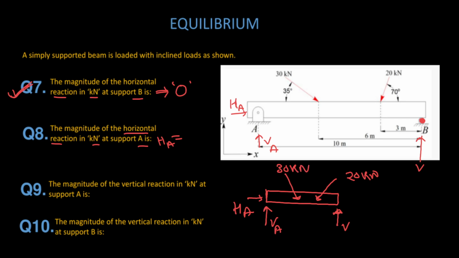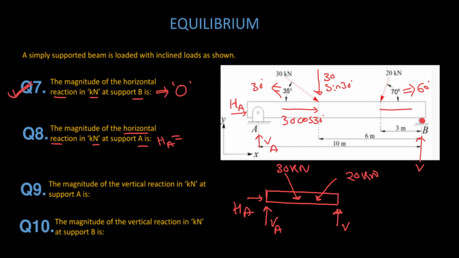Again for simplification, the 70 degree I am taking as 60 degree, and the 35 degree I am taking as 30 degree. If we resolve this into horizontal and vertical, you will get the sine component. This one will be 30 sine 30 degree, this one will be 30 cos 30 degree.